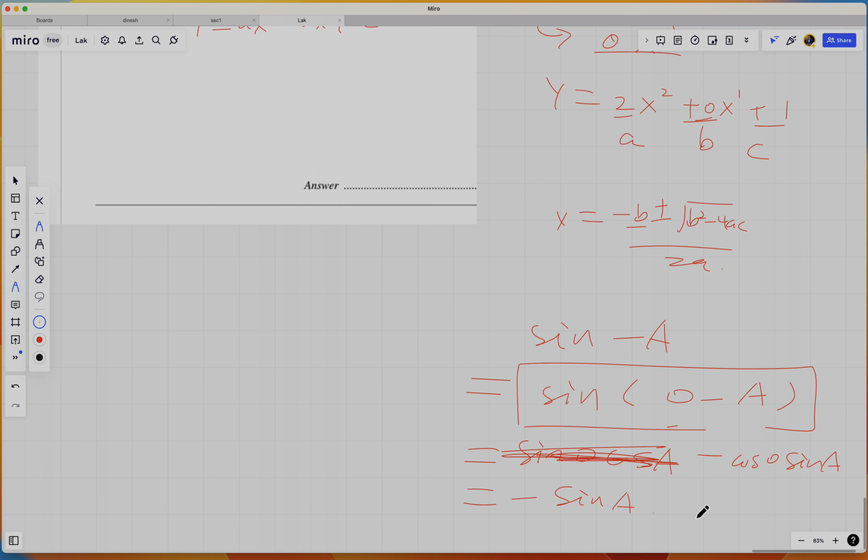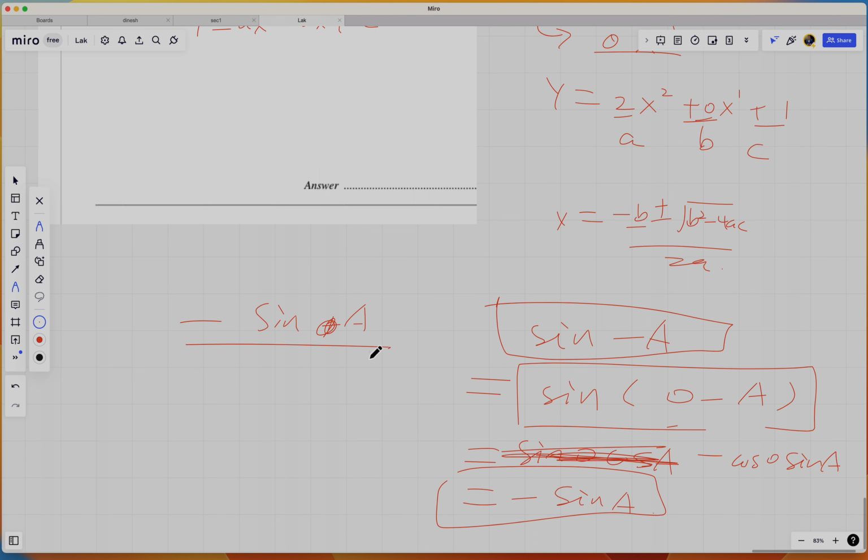So I prove to myself that sine of negative a is equal to negative sine a. Not like just putting the minus sign out. I will ask you what's the reason, and you don't know. You get my point or not?